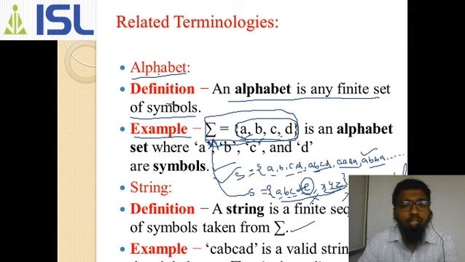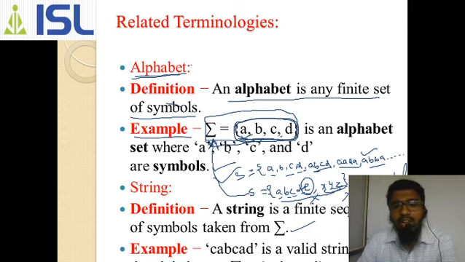Some related terminologies. What is an alphabet? Alphabet is not only a, b, c, d. An alphabet is any finite set of symbols, where a, b, c and d are symbols. Clear? So now the string. With the help of the given alphabet, we can make strings. A string is a finite sequence of symbols taken from sigma.